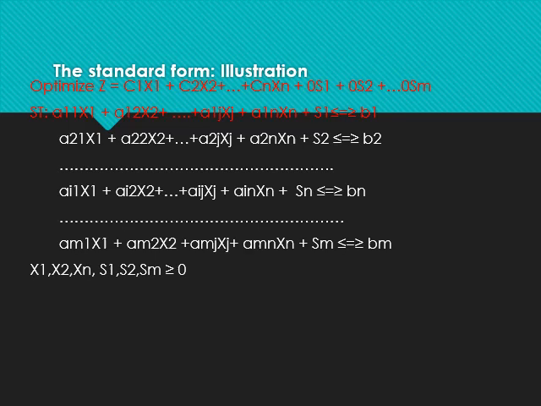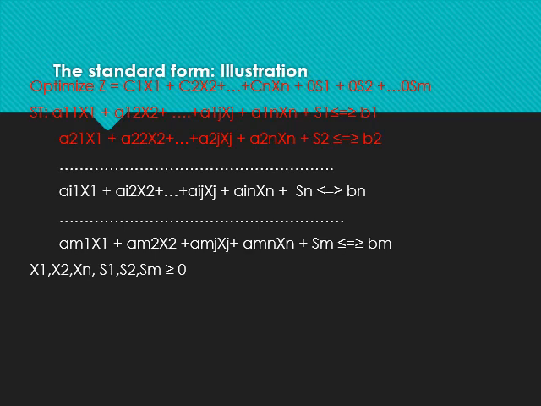So the coefficients C1, C2, Cn are considered either cost or profit of decision variables. Decision variables here x1, x2, xn. The slack variable s1, s2 has zero coefficient.